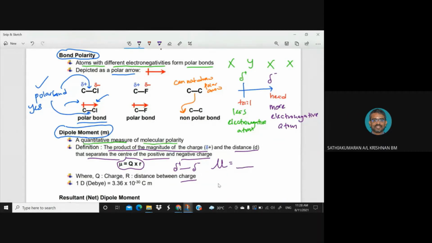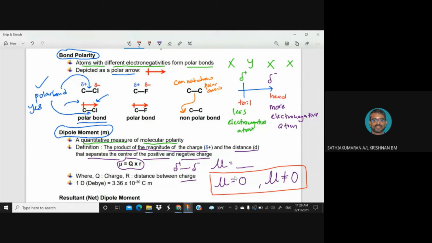So our dipole moment can be 0 or not 0. It only has two values: mu equal to 0 or mu not equal to 0. So that is the value for dipole moment.